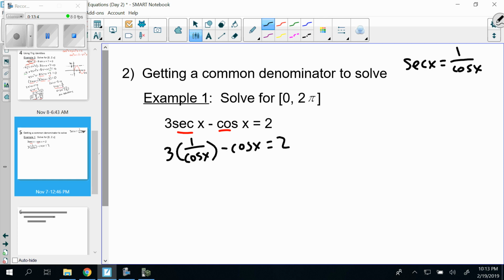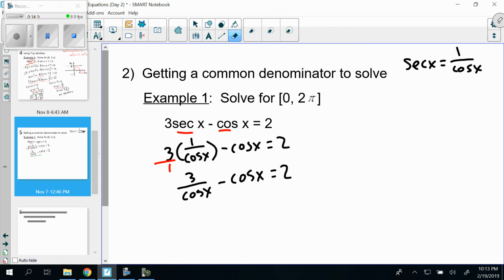Okay, so what we get now, these aren't both fractions, so we could put this over 1. This would be 3 over cosine x minus cosine x equals 2. All right, so next thing, we want to get a common denominator here. We want to subtract these two things, but we can't if they don't both have the same denominator.